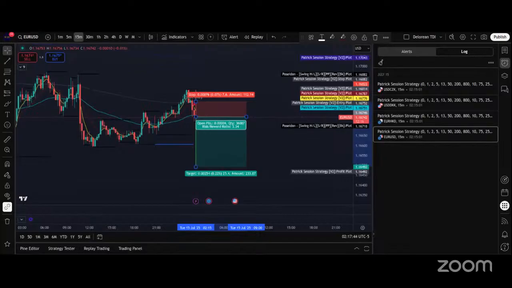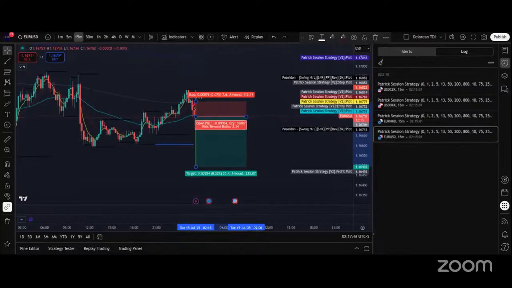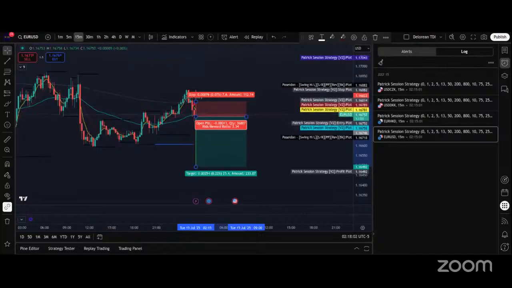Take profit is 1.16492 for 25 pips, and a risk to reward ratio of 3.34. Go ahead and get this entered myself, because I am certainly entering that.